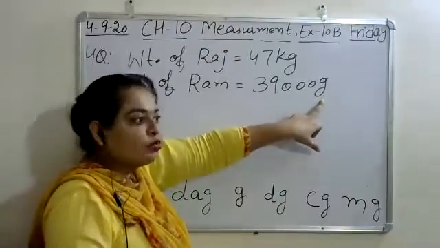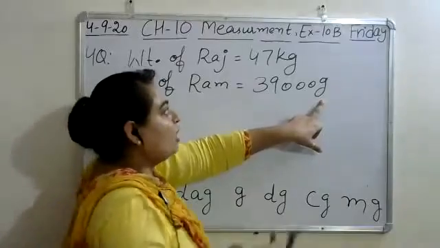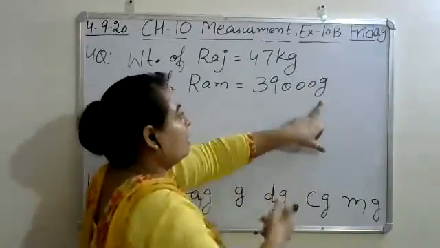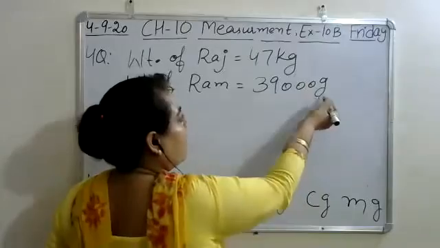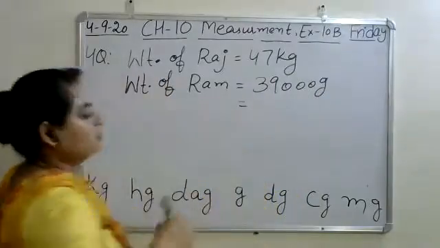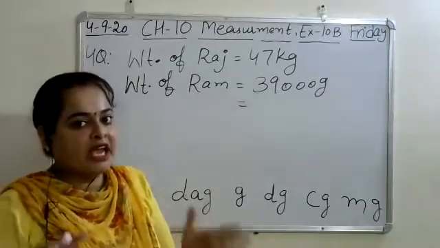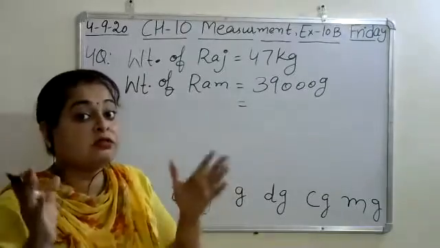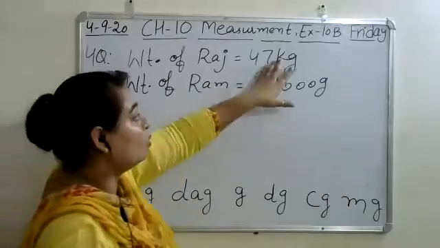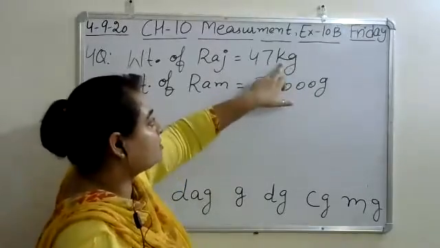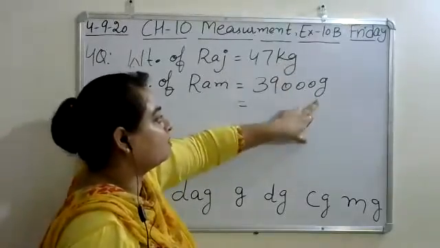So we are not able to solve the sum. First of all, we will make them the same. It is compulsory to make both the units the same. But here the units are not the same. This is kilogram and this is gram.